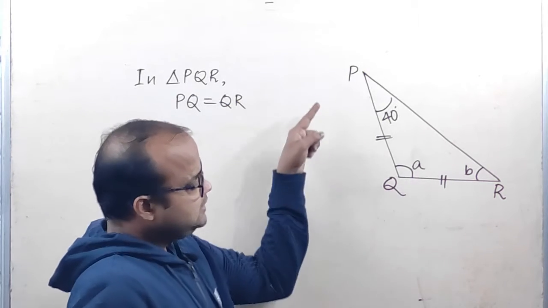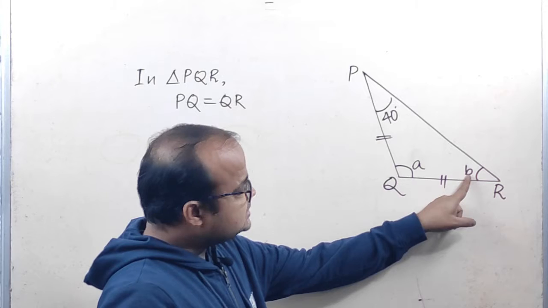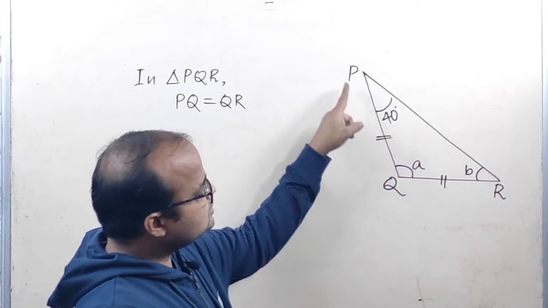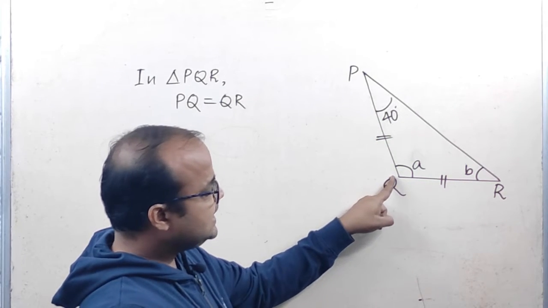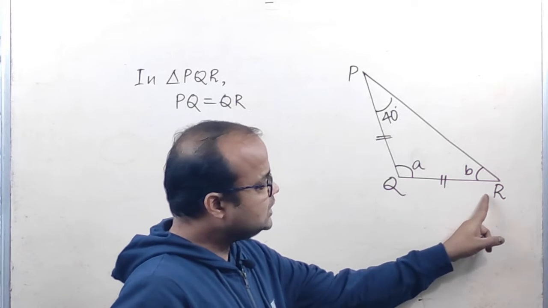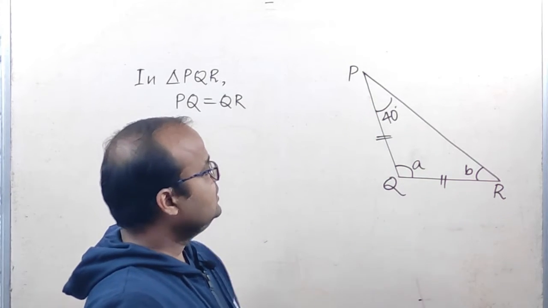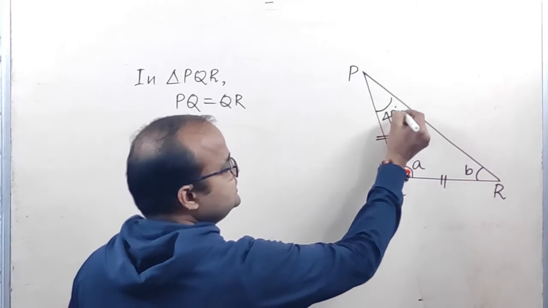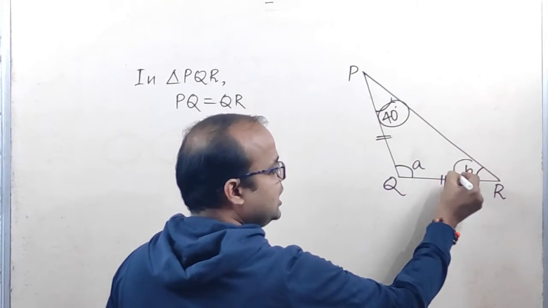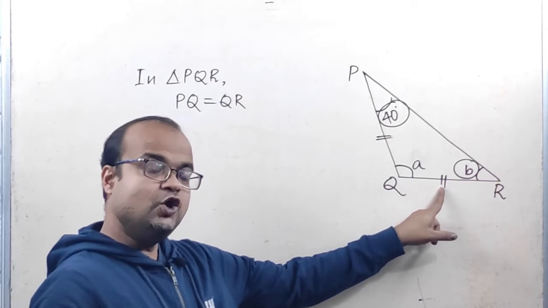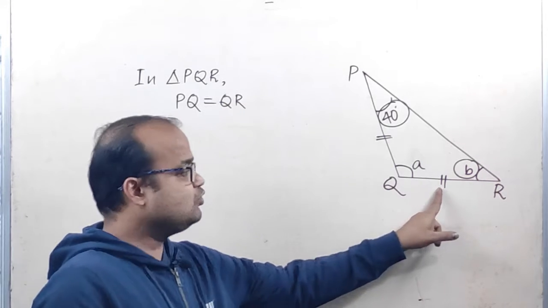Now angle B is opposite to the side PQ and angle P is opposite to the side QR. So these two angles are equal. Angles opposite to equal sides are equal.